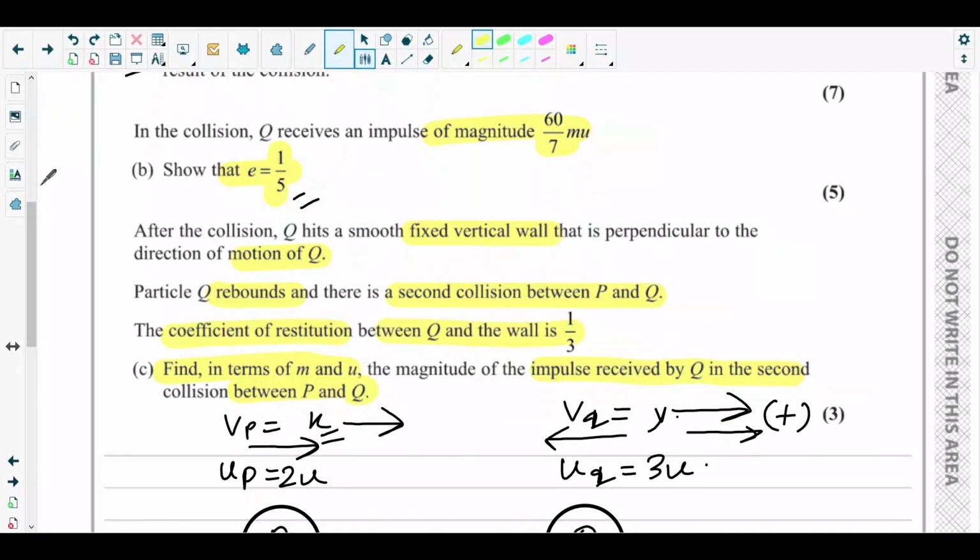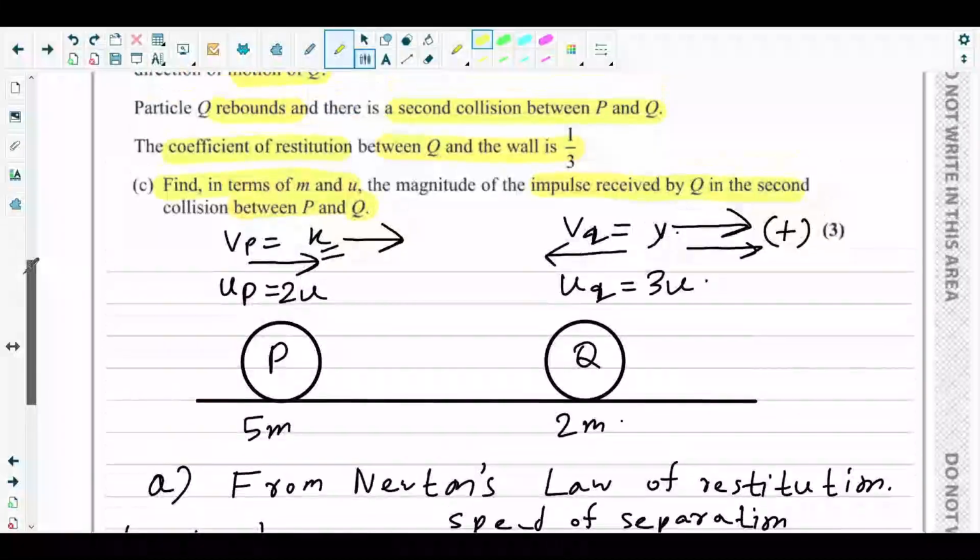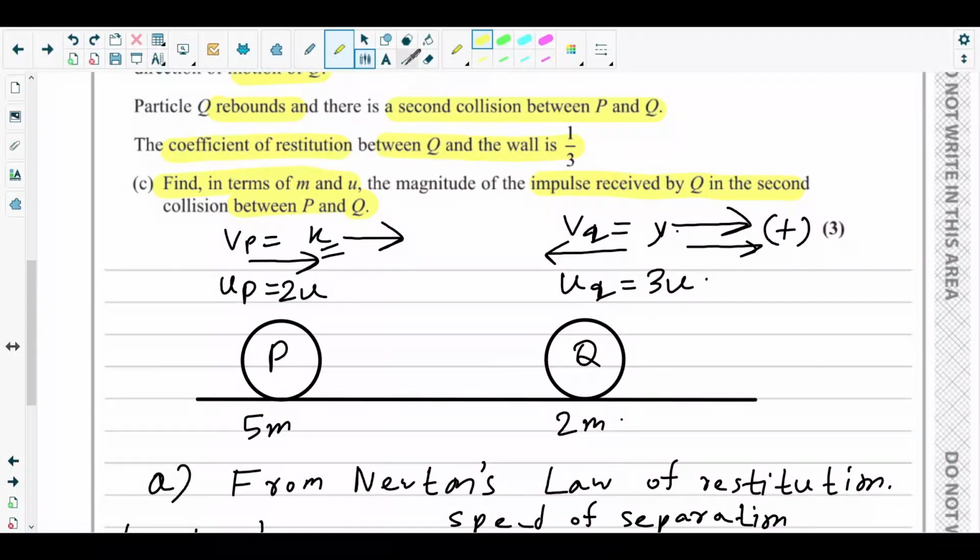Okay, so after the first collision, the particle Q, its direction is reversed, and then it will hit a fixed vertical wall here. After hitting it, it will get rebounded in the negative direction. The coefficient of restitution between the particle Q and the wall is given as 1/3.